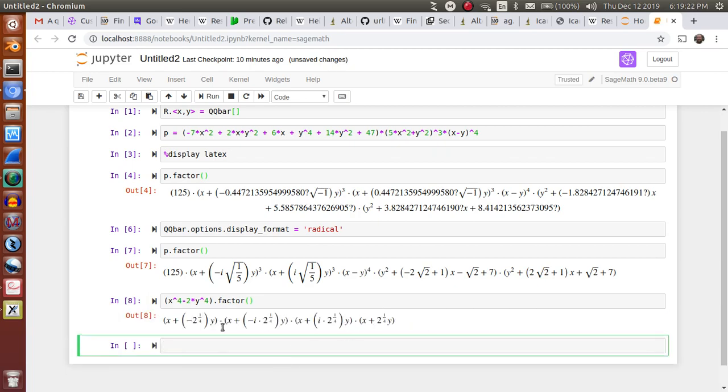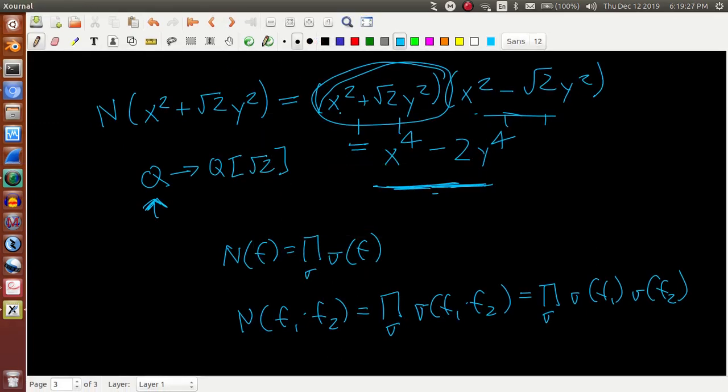There they are. There are 4 factors, and now we just need to find which of these 4 factors are also factors of the original polynomial, it's going to be these 2. That would discard these extra norm product terms, and really to do that, it's basically just a GCD calculation.